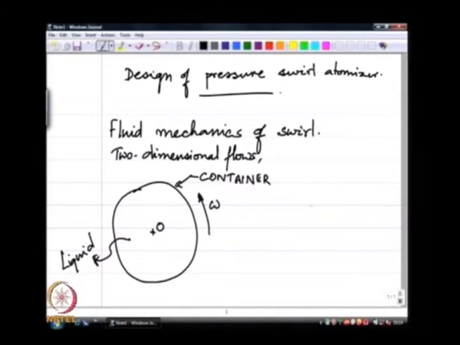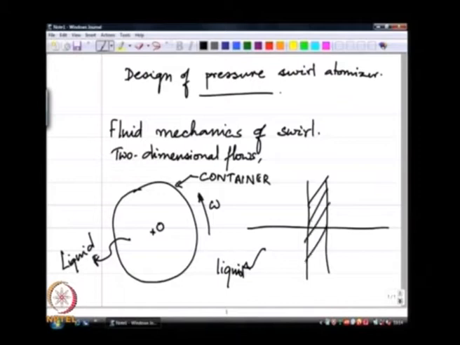The other is where I take, let us say, an infinitely big bath of liquid and insert a rod into this and spin this rod at some angular velocity omega.